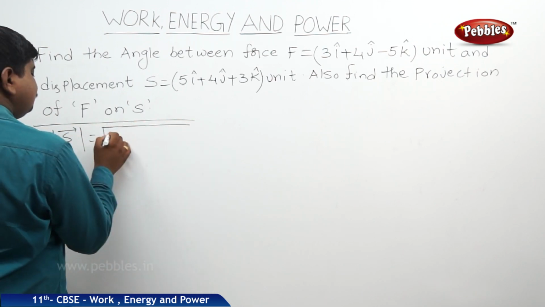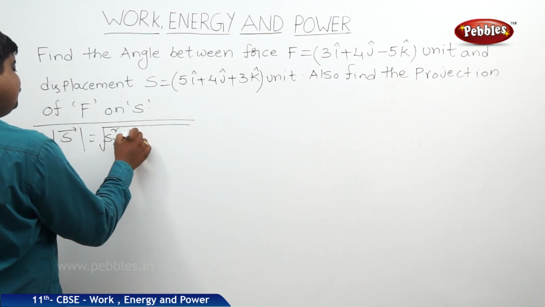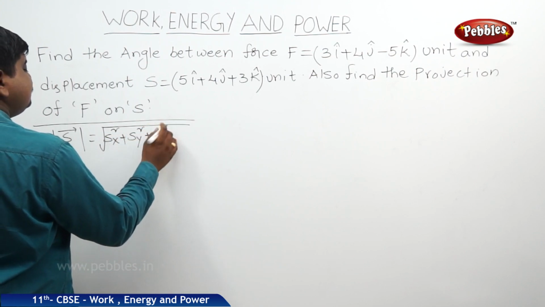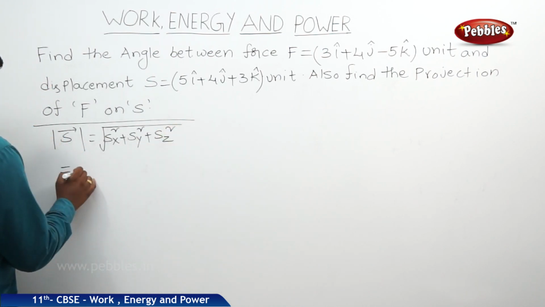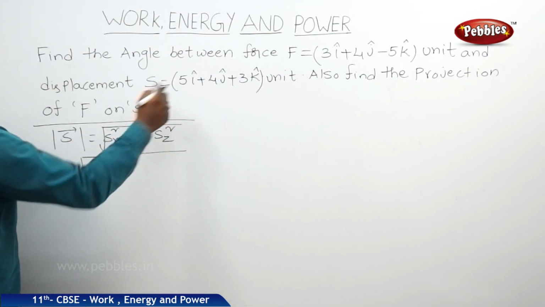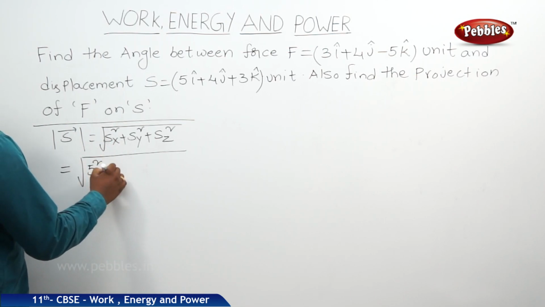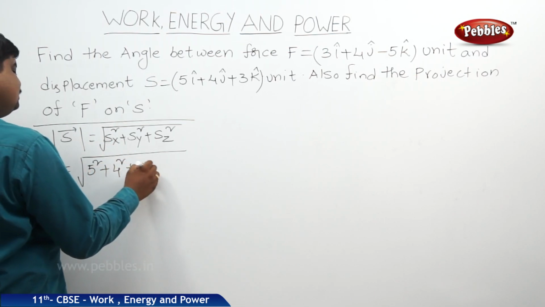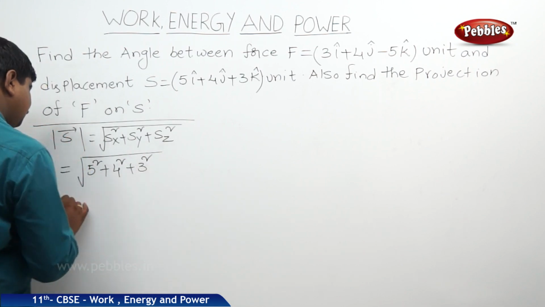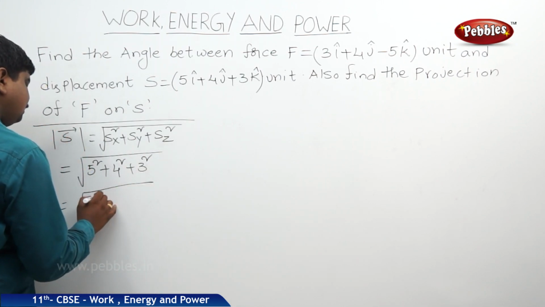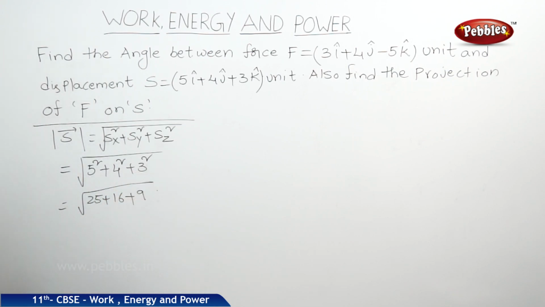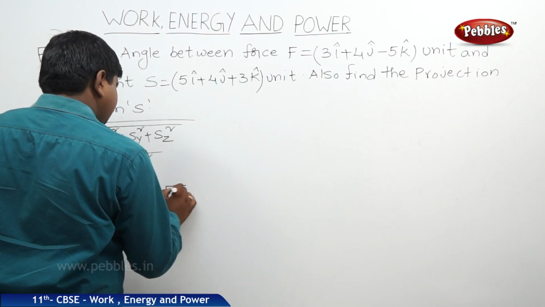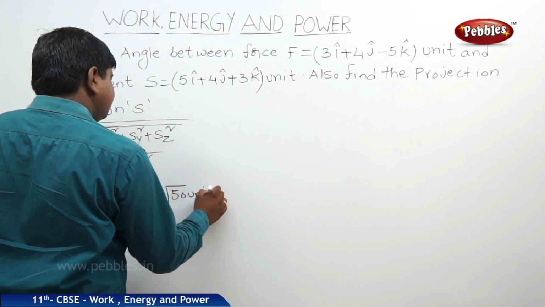It is square root of sx square plus sy square plus sz square. So square root of sx 5 square, sy 4 square, sz 3 square. So it is square root of 25 plus 16 plus 9. 25 plus 16, 41, plus 9, 50. So it is root 50 units.